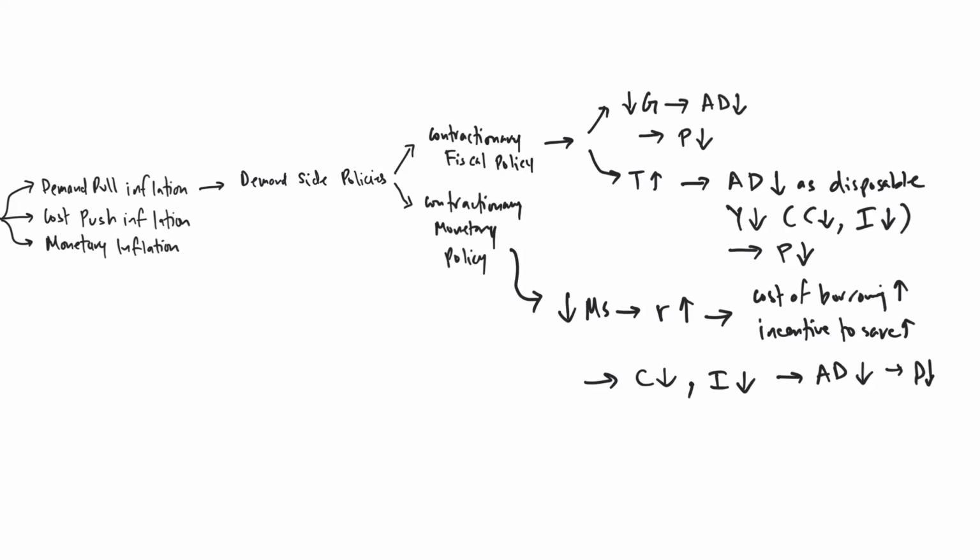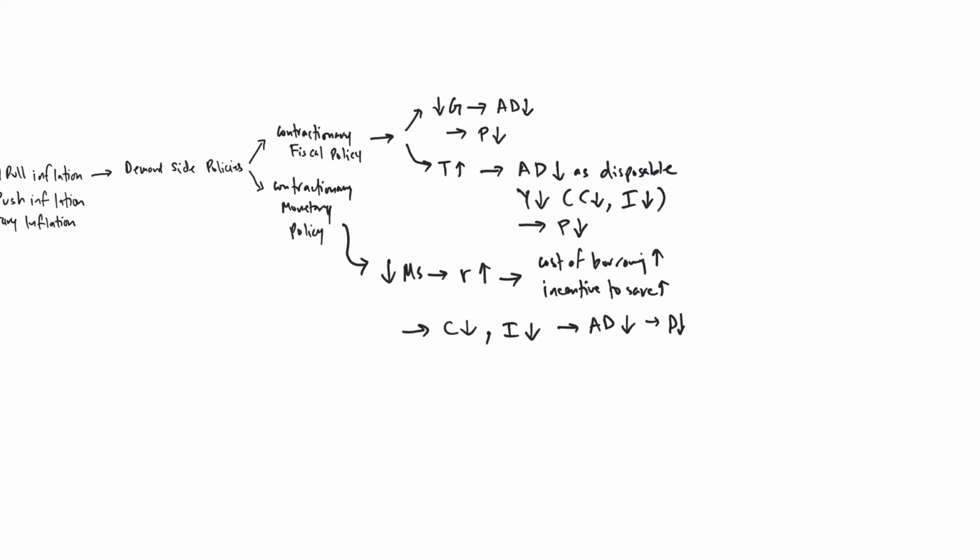And we'll make another diagram when we're discussing contractionary fiscal and monetary policy, which are called demand side policies. I write price level on my y-axis, real GDP on my x-axis, and in my answer I'm going to show the AD curve shifting backwards.